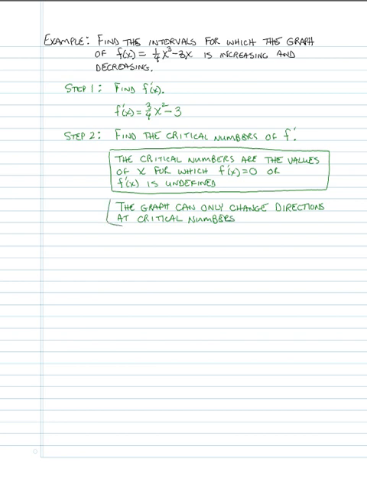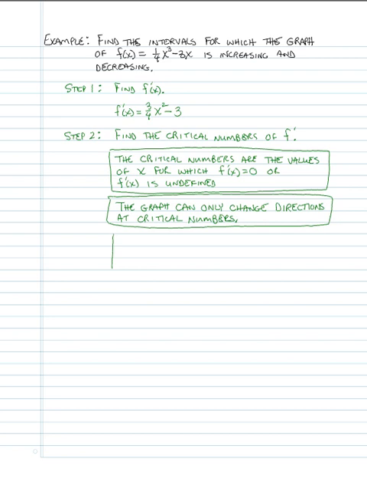I want to say one more thing here before we move on. Read what that says, and pay attention to that again. The graph can only change directions at critical numbers. It does not say that the graph will change. Okay, it does not say that. So be aware of it.